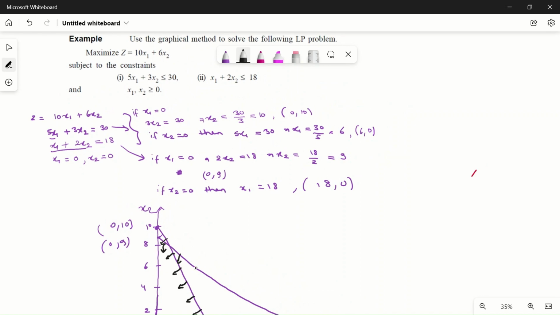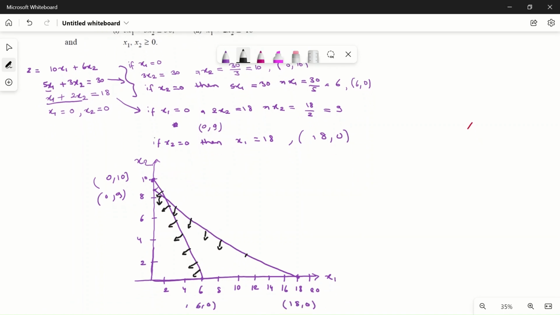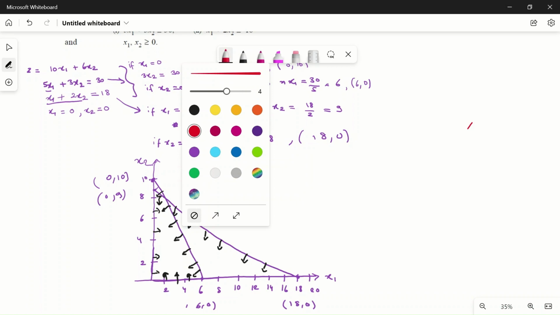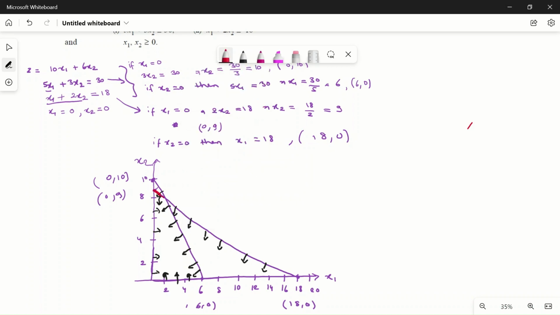So in this case here, and x1 is greater than 0 here, and x2 is greater than 0 here. So you can see the common area is this one.